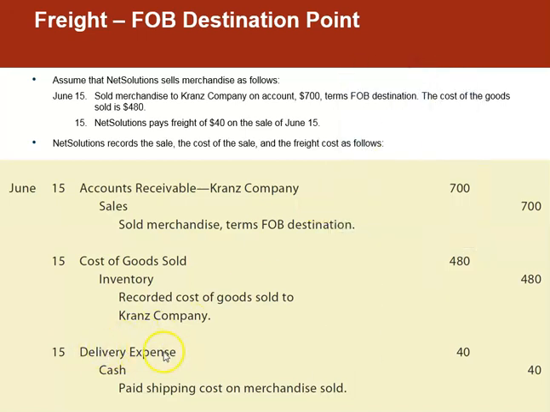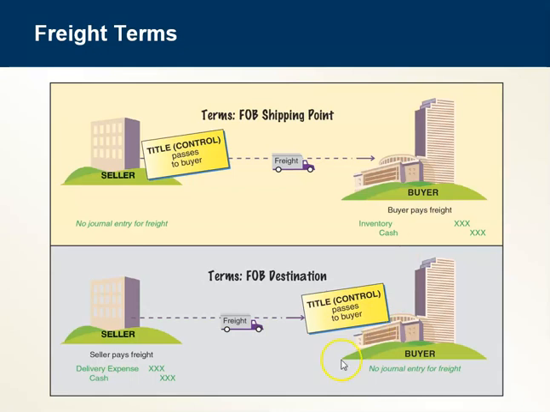But this delivery expense is not part of cost of goods sold because that's considered a selling expense. So that's a separate item. Okay, so these would be the 3 journal entries here based on the scenario up at the top of the slide. Okay, so this is basically just a little review slide here.